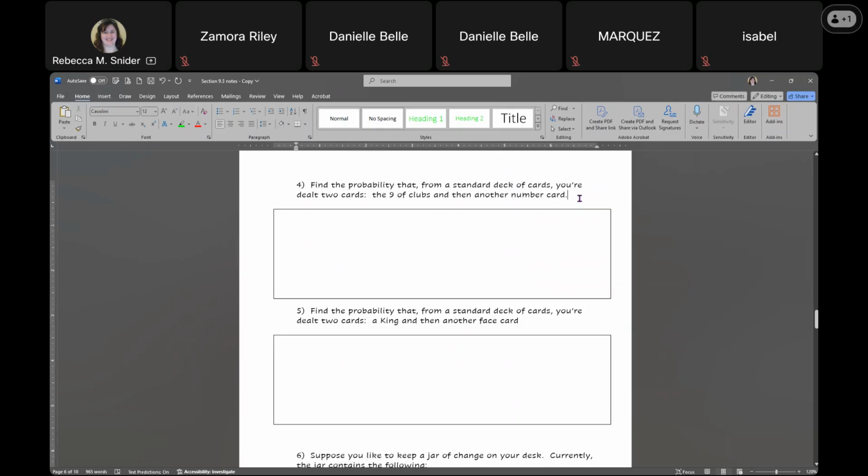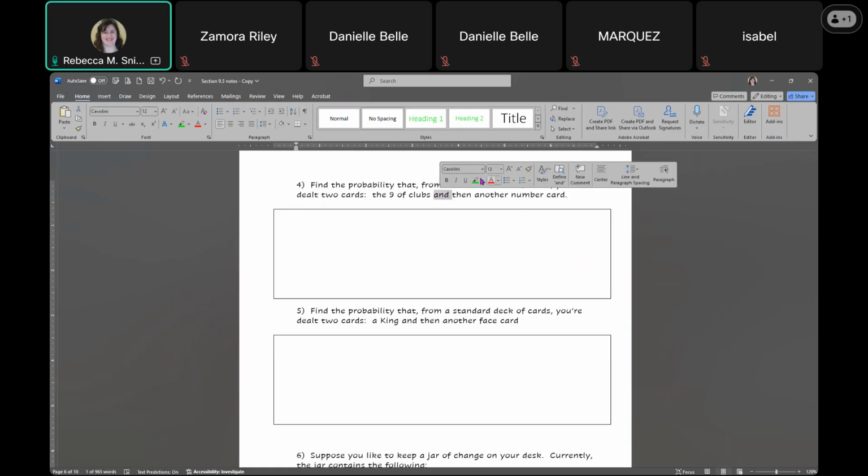All right, this question here is one of the questions I like a lot, purely because it really does test whether or not you understand what dependent events are in terms of multiplication. So we want to find the probability that from a standard deck of cards, you're dealt two cards, the 9 of clubs, and then another number card.